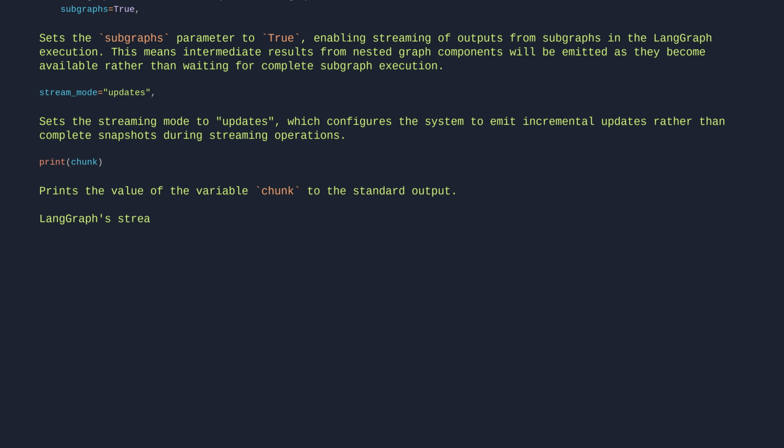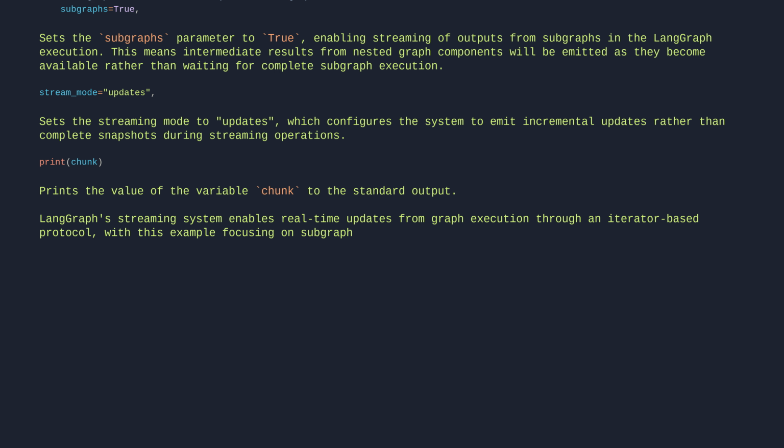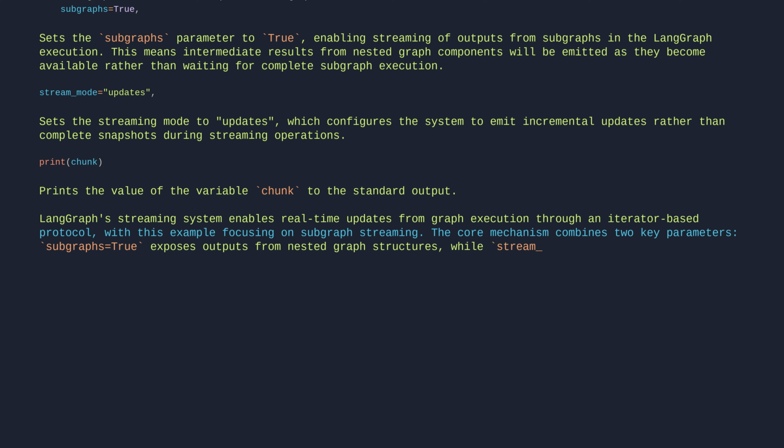LangGraph streaming system enables real-time updates from graph execution through an iterator-based protocol, with this example focusing on subgraph streaming. The core mechanism combines two key parameters. Subgraphs equals true exposes outputs from nested graph structures, while stream mode equals updates ensures only state deltas are emitted.